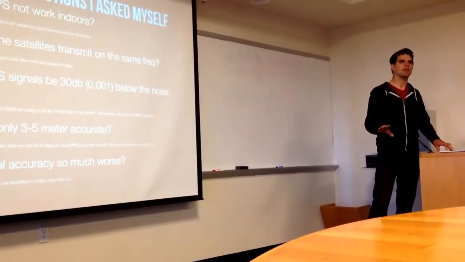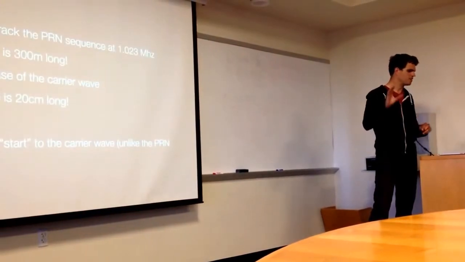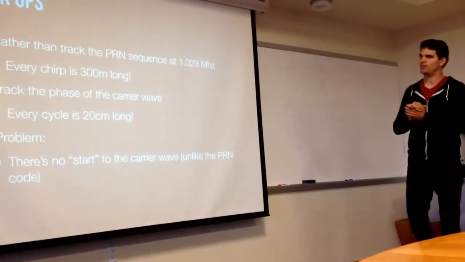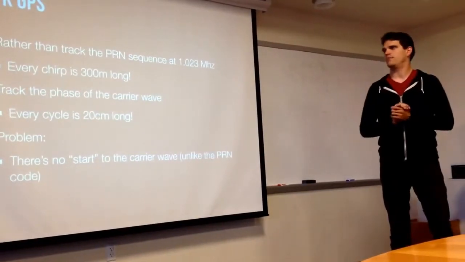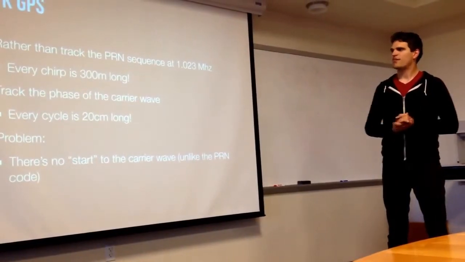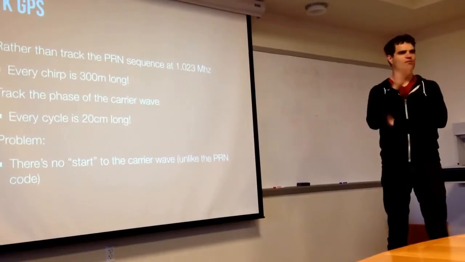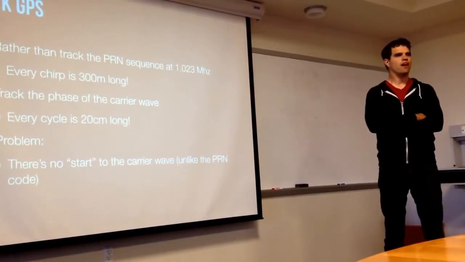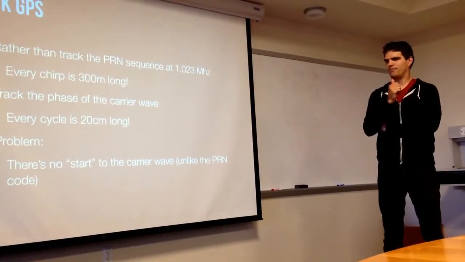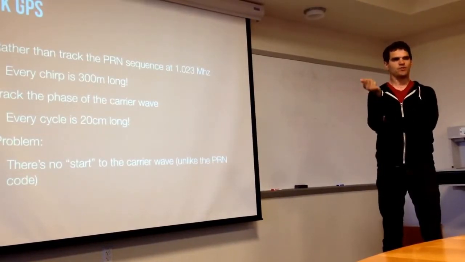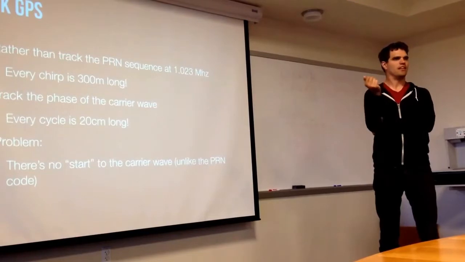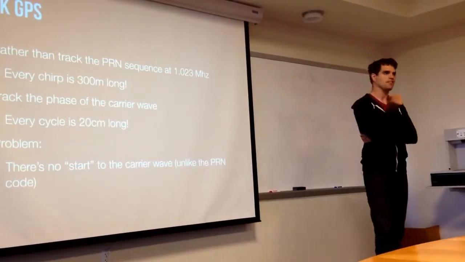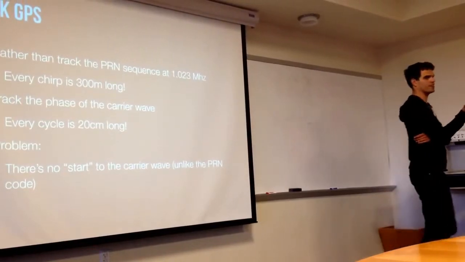That's everything I'm going to say about how GPS works, but I am going to talk a little bit about the RTK GPS that we're developing with SwiftNav. So here's an insight. Rather than track this PRN sequence and do all this complicated stuff that only gives you 3 to 5 meter accuracy, the actual carrier wave that's being transmitted, which is being modulated by the rest of this data, is at 1.5 gigahertz.